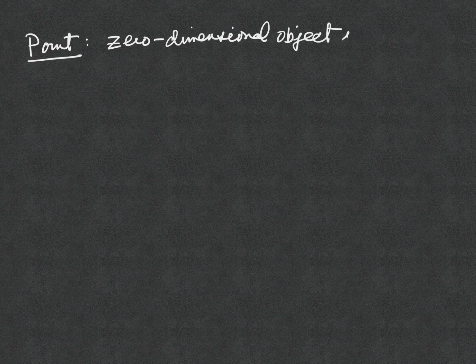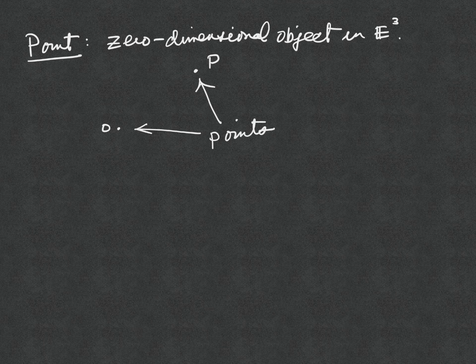If I have a point O, then that takes up no physical space. Similarly, if I have another point P, that takes up no physical space. These are examples of points. Now, points can actually be used to generate what are called vectors. So a vector is any quantity with magnitude and direction.